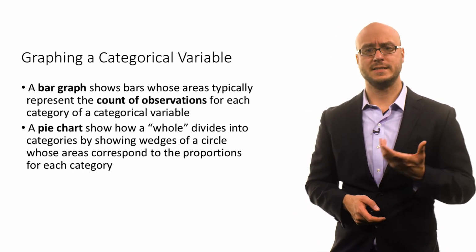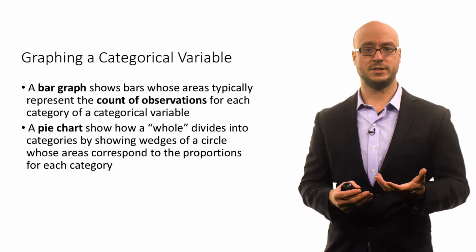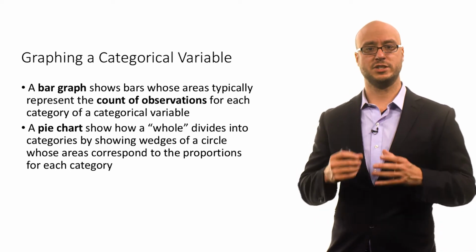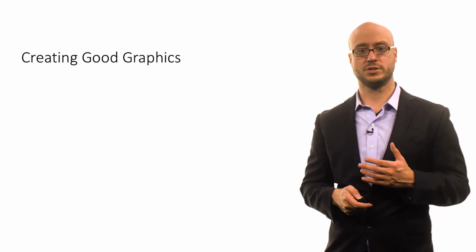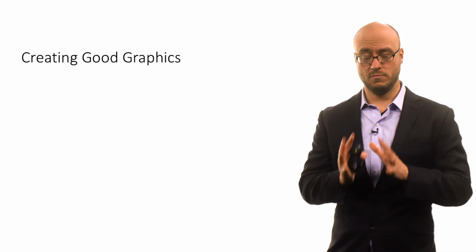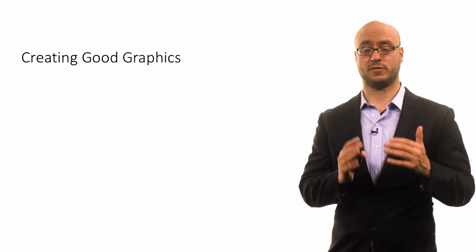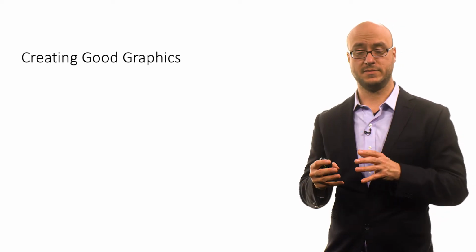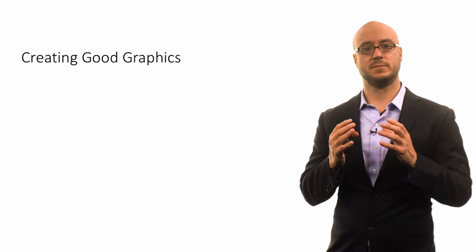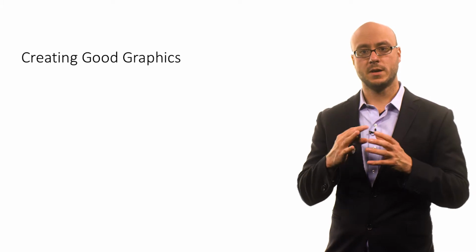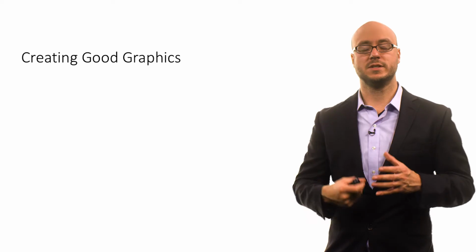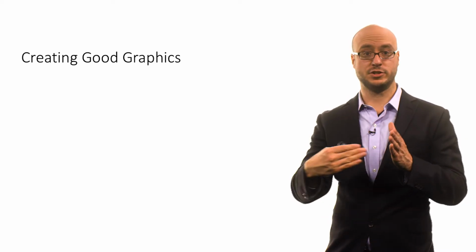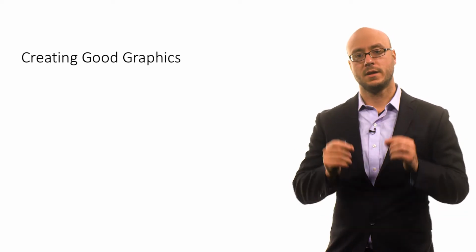An alternative is a pie chart, in which instead of bars you have wedges of a circle, and the areas of these wedges correspond to the proportions for each category. In most cases, statisticians prefer bar graphs over pie graphs because pie graphs can be misleading, and they can hide or mask differences among different percentages or proportions in the data.